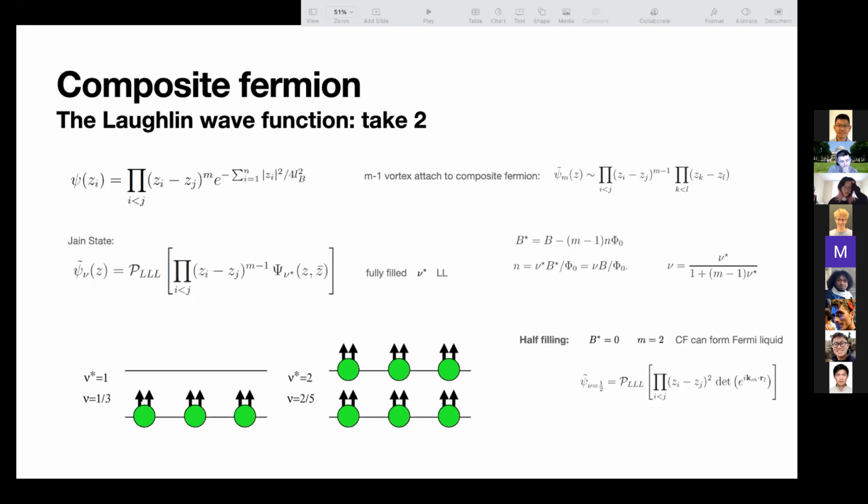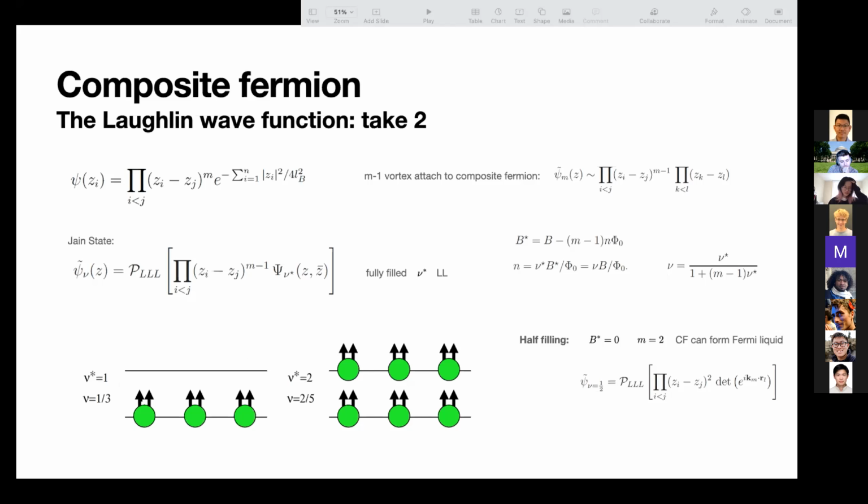So we'll get nu equals 1/3, which indeed gives the right filling factor, because remember for the Laughlin state we have filling fraction 1/m, and this can also be reproduced by considering composite fermions.